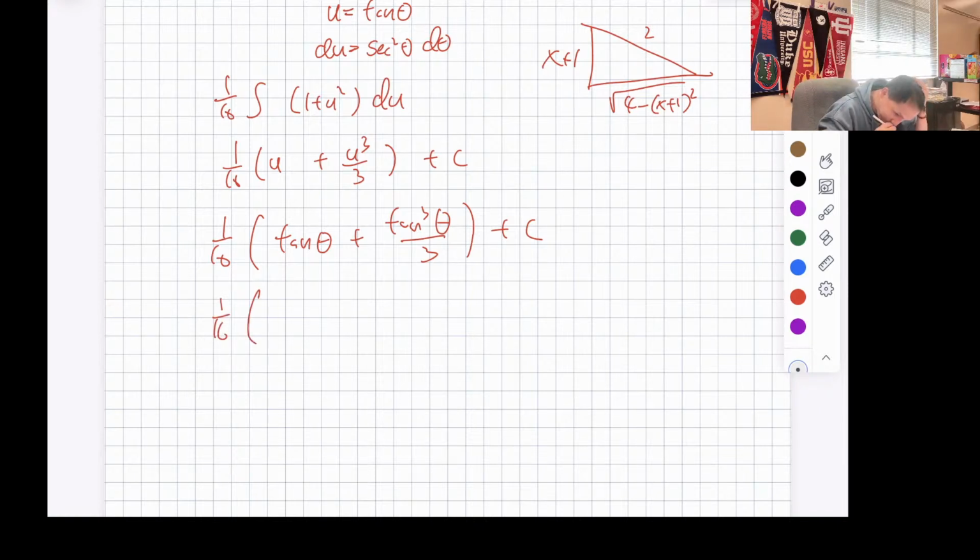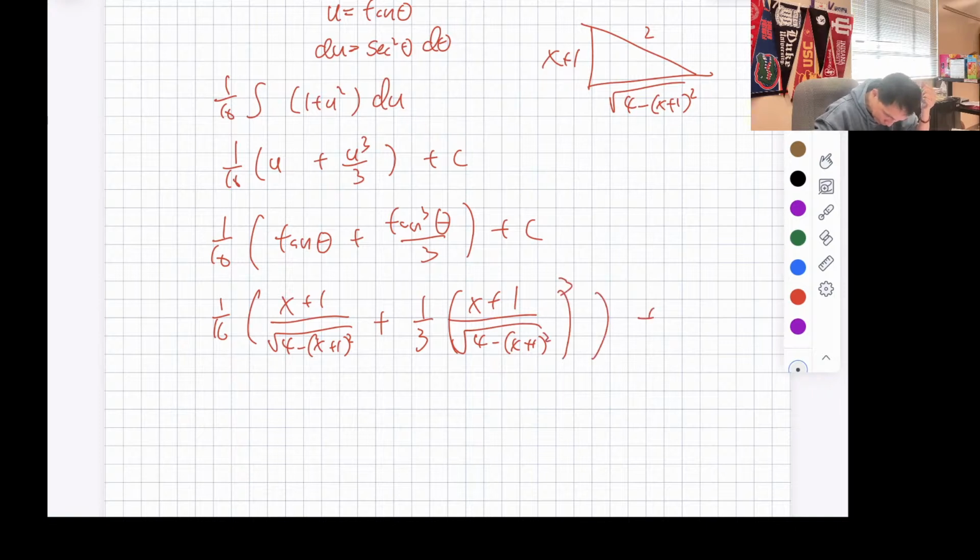I'm so sorry. Tangent is x plus 1 over the square root of 4 minus (x plus 1) to the second. I forgot to convert back from theta to x. And the same thing, it's going to be 1 over 3 times (x plus 1) over the square root of 4 minus (x plus 1) squared, to the third, plus c.